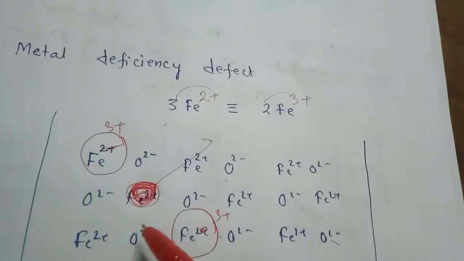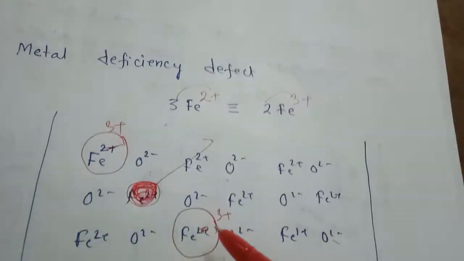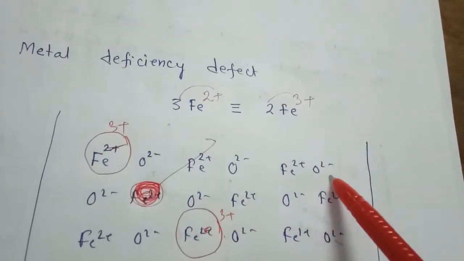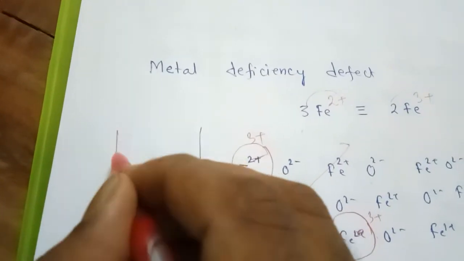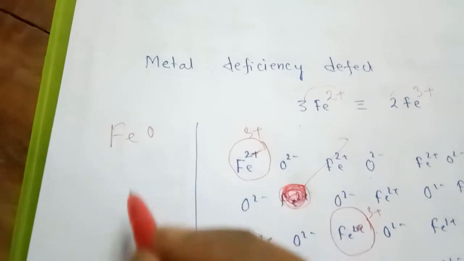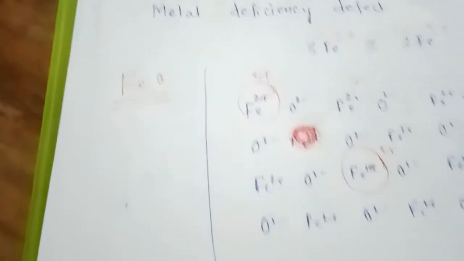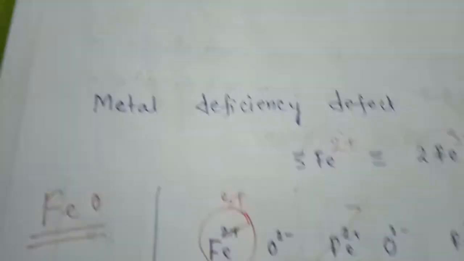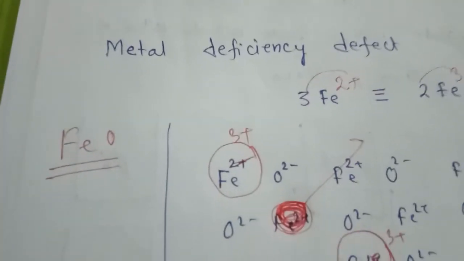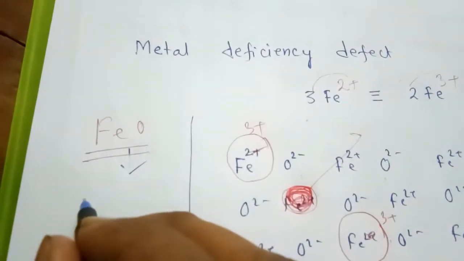So this is called the metal deficiency defect, because the number of iron ions is less than that of the oxide ions. We are not in a position to prepare the ferrous oxide crystal, because some of the ferrous is converted to ferric, and that constitutes what is called the metal deficiency defect.